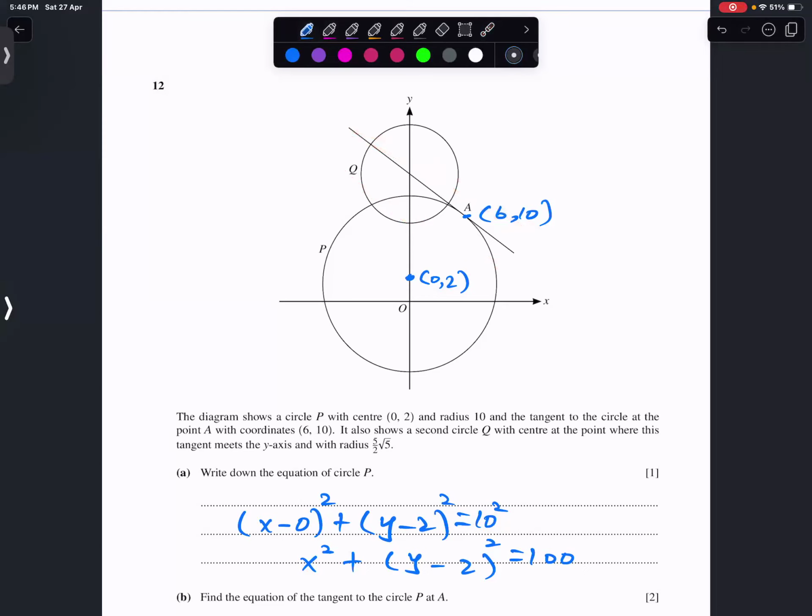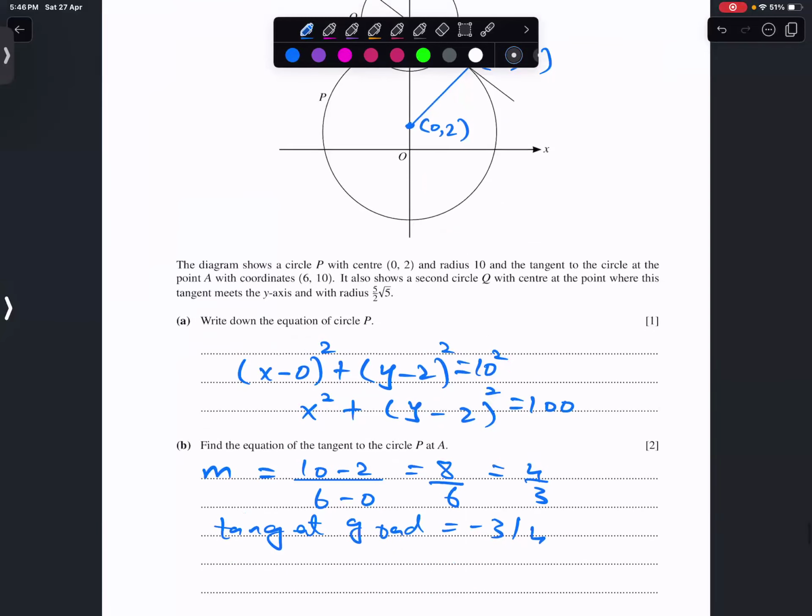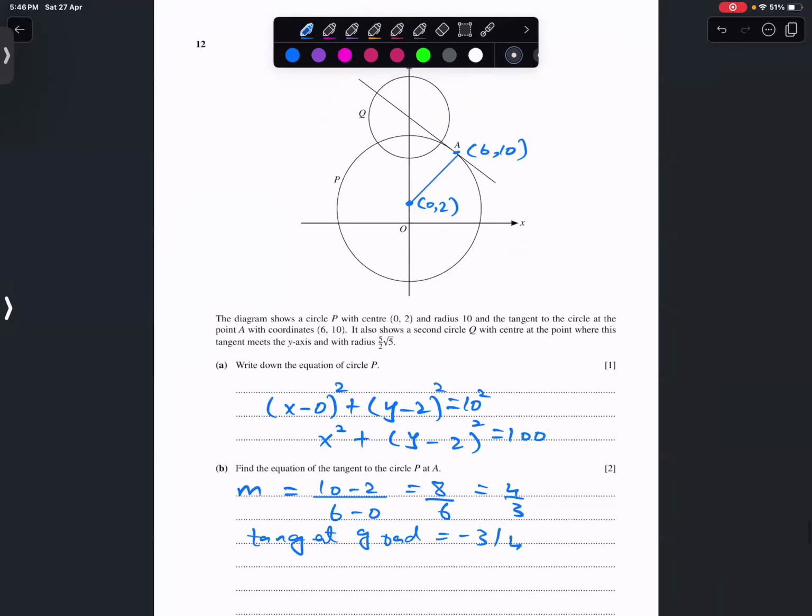Next is: find the equation of the tangent to the circle P at A. Now he is asking what will be the equation of this line. So as you all know, what is the gradient of this radius? The gradient of the radius is 10 minus 2 over 6 minus 0. So that will be 8 over 6, and that will be 4 over 3. So what will be the gradient of the tangent, Ahmed? Minus 3 by 4. So the equation of that tangent will be y minus 10 is equal to minus 3 by 4 times x minus 6.